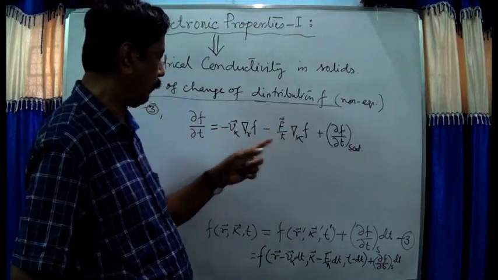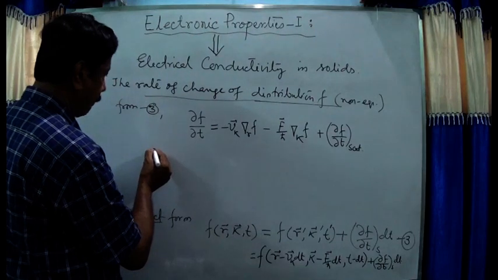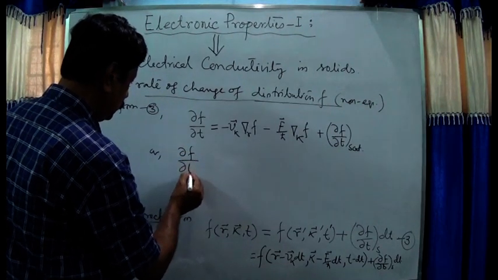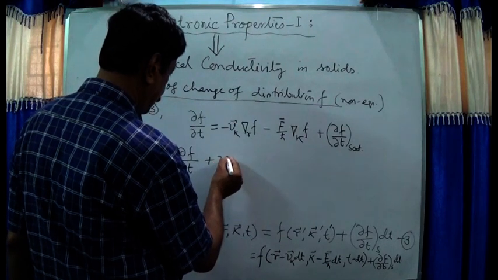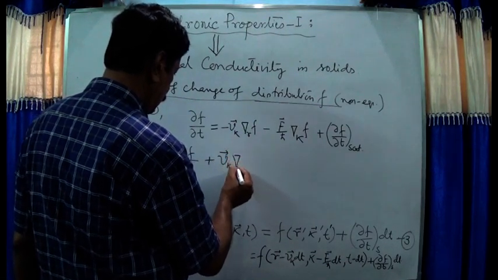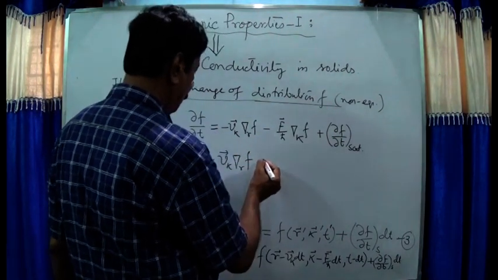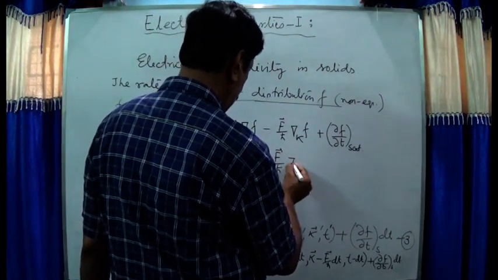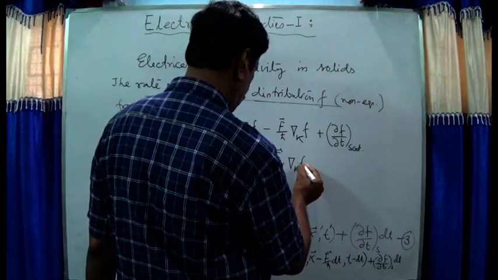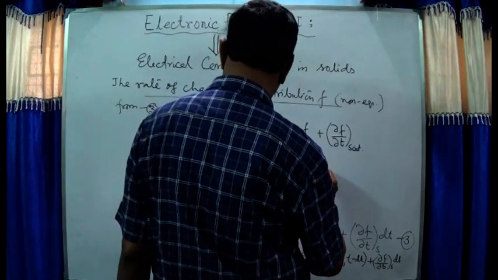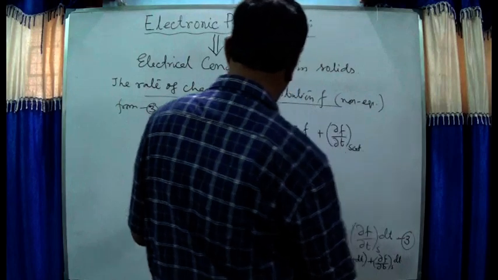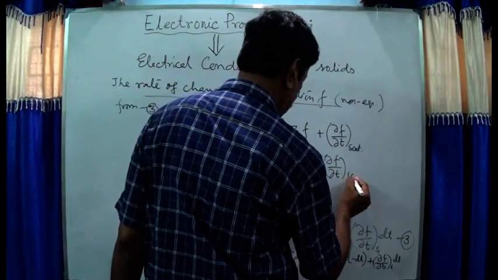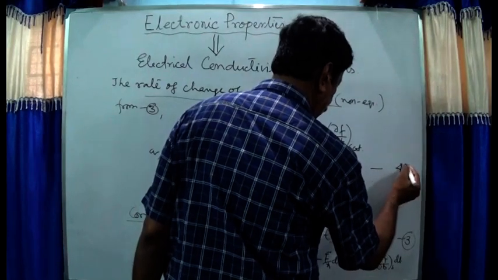It is the delta operator, or we can write it in this way: del T plus Vk del R of X plus F by H cut del del of k f equal to, so changing the sign, you can have a del del f by delta t scattering. Okay, let it be equation number 4.